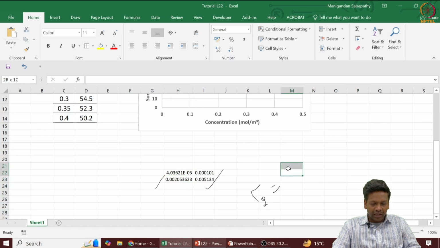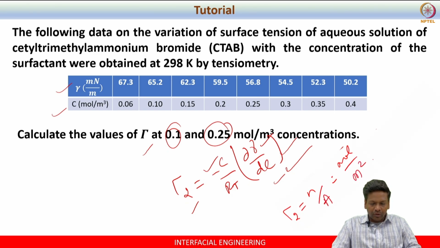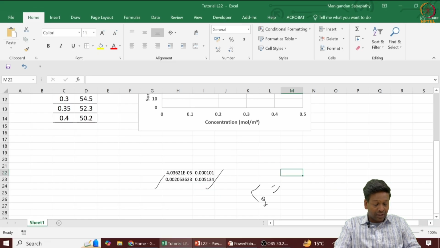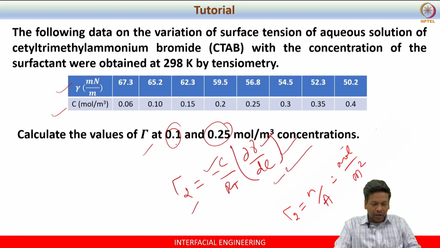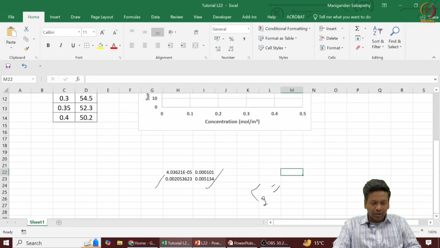The surface excess is nothing but N by A, moles per meter squared. At 0.1 it is 2 millimole per meter square, and at 0.25 it is 5 millimole per meter square.